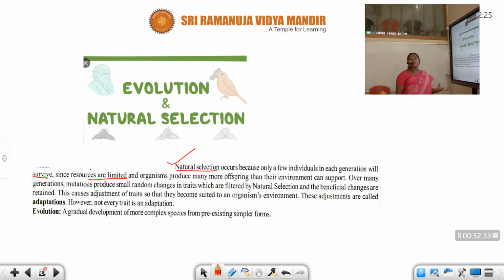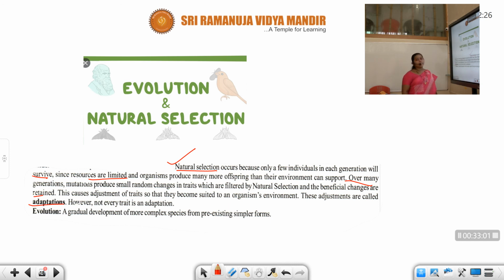So the organism produces a large number of offspring, but nature and the environment are unable to support them all. Over many generations this causes adjustment of traits so that they become suited to the organism's environment. These adjustments are called adaptations.